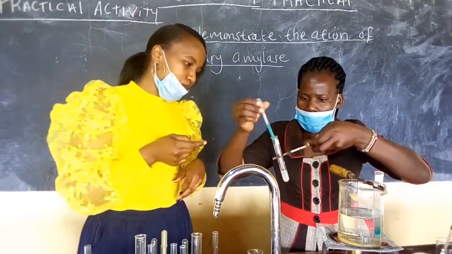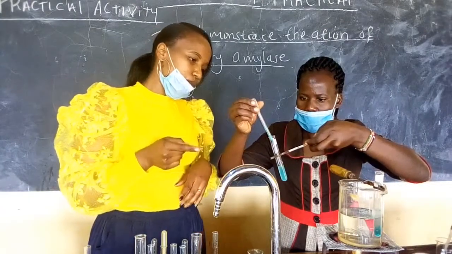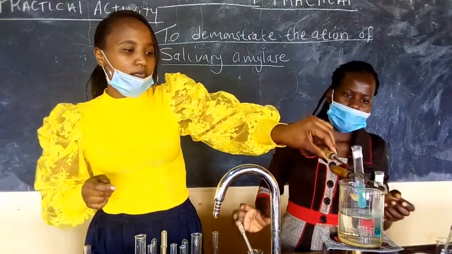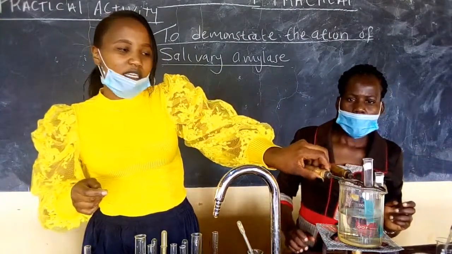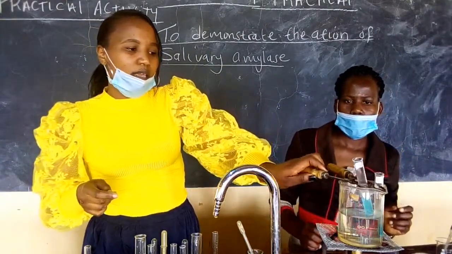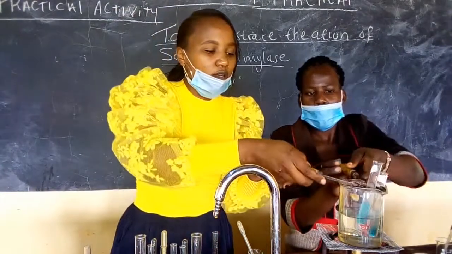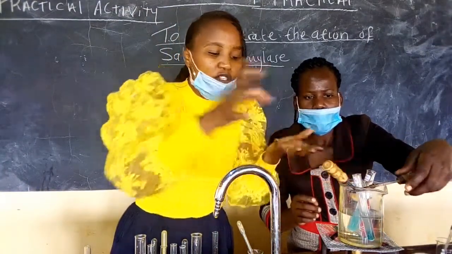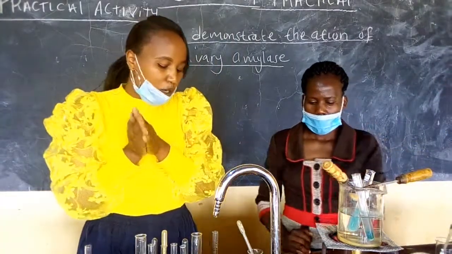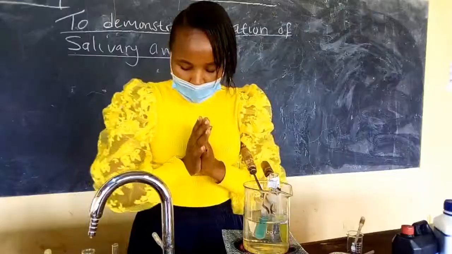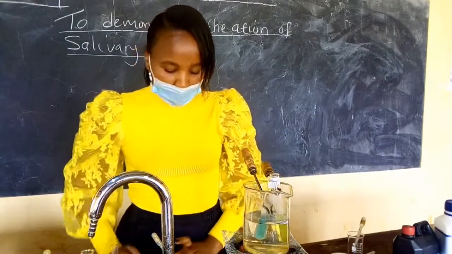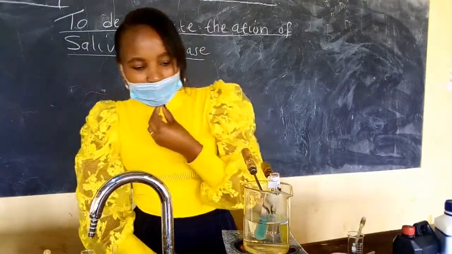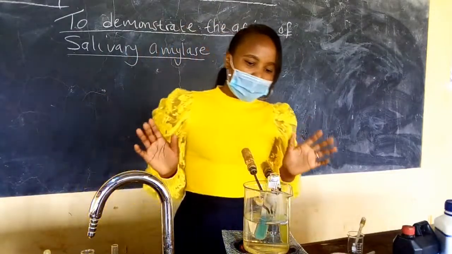All right. So we still put it in a water bath. We don't have to maintain this at any temperature. Actually, it should be even boiling water. So we leave it to stand for about 5 minutes. By the end of the 5 minutes, we are going to see what will happen.